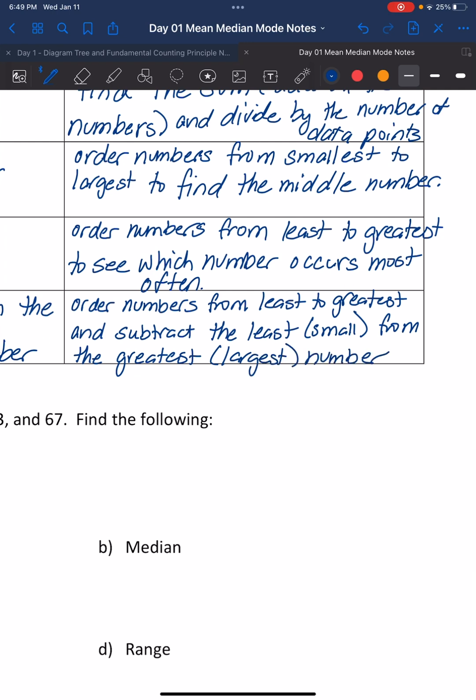Okay, so your biggest number goes here minus your smallest. Okay, you don't need to write that, but I just wanted to point that out.